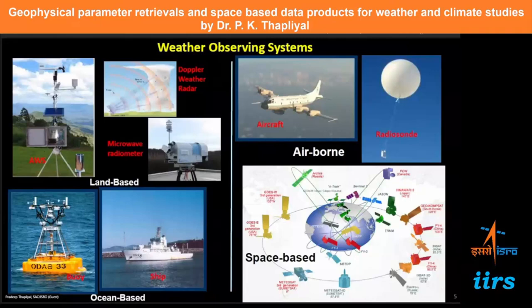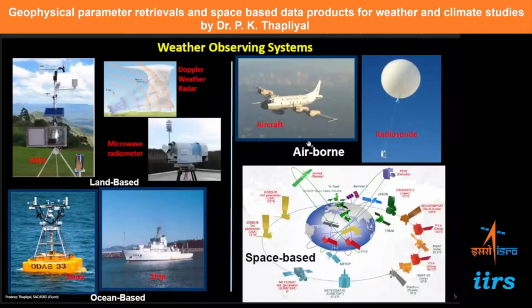Similarly, there are AWS over the entire globe operated by meteorological agencies of different countries. Then you also have Doppler weather radar, which can see the approaching storm and the storm intensity. Then there are microwave radiometers.